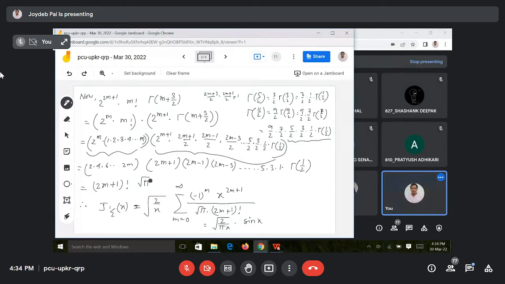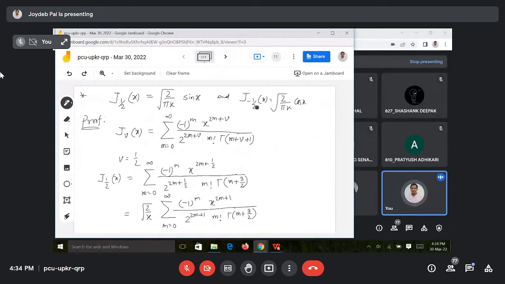Okay, now how to get J minus half of x equal to root under 2 by pi x cos x. Look, actually you can do the similar process for minus half. Okay, and also you can do one more thing. Every time, just remember the technique for J half x, and then do one small trick.